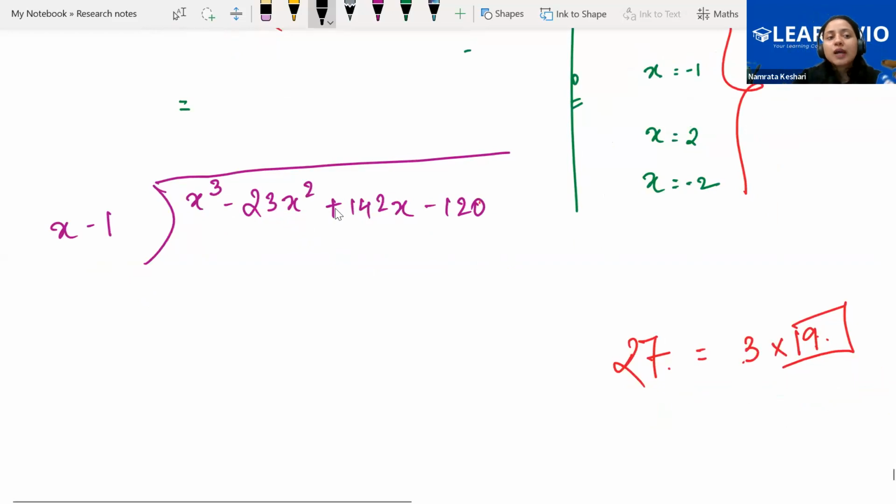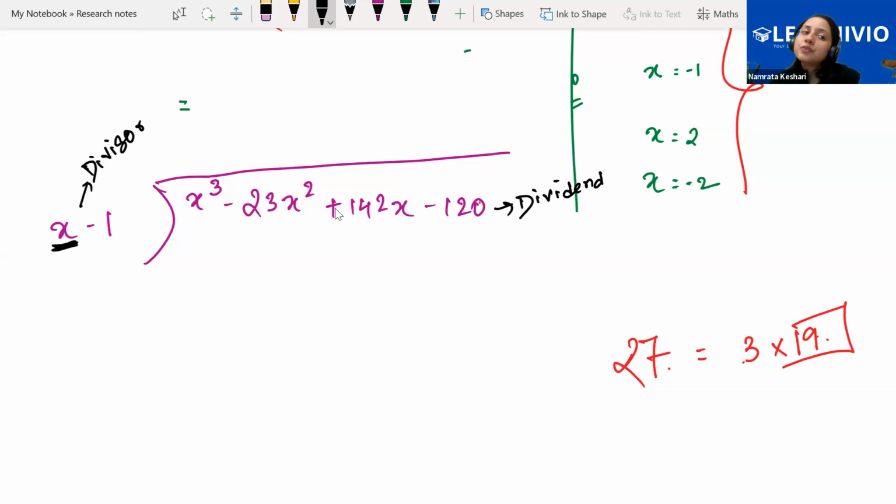At first we will focus on this x, the divisor. This is called the divisor, and this is called the dividend.